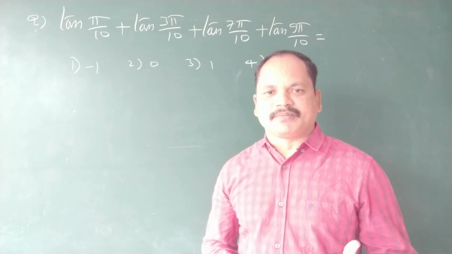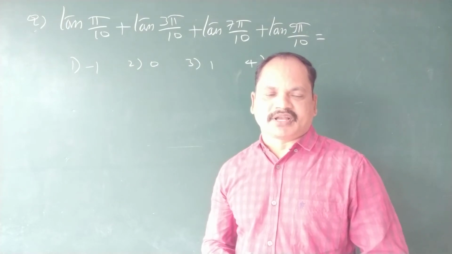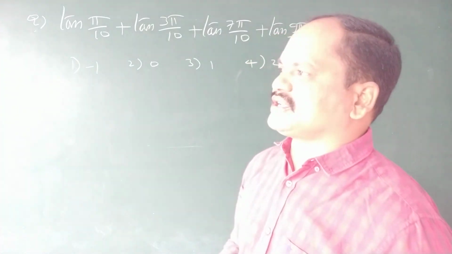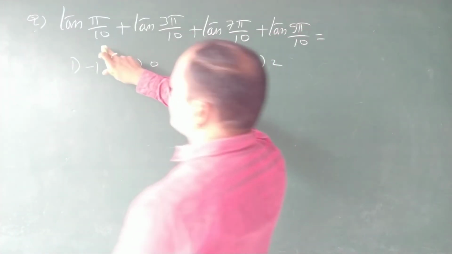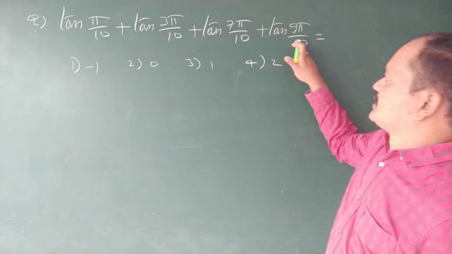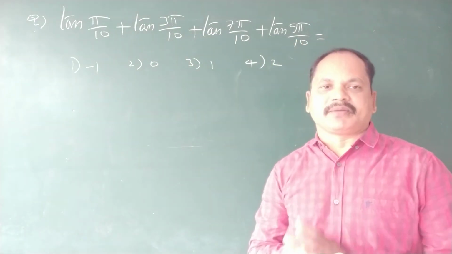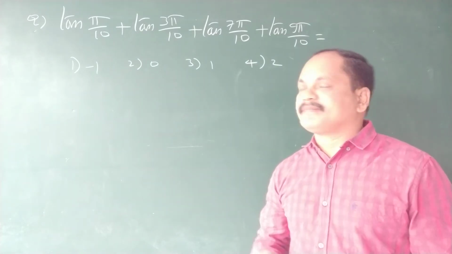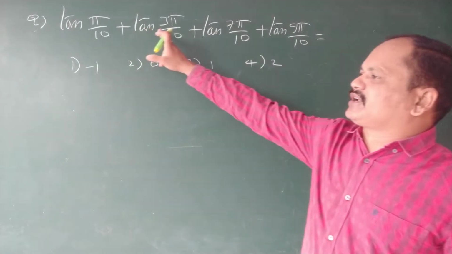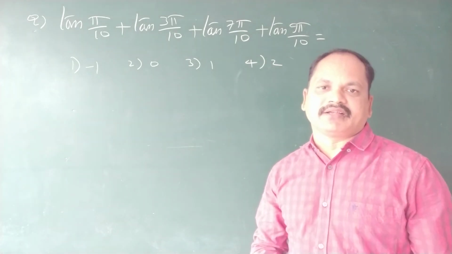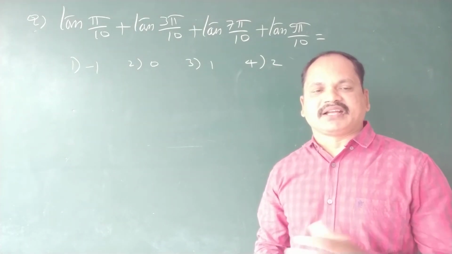If alpha and beta are supplementary angles, then alpha plus beta is 180 degrees, which means pi radians. First observe pi by 10 plus 9 pi by 10, which is 10 pi by 10, that is pi. Again 3 pi by 10 plus 7 pi by 10 is also 10 pi by 10, that is pi.